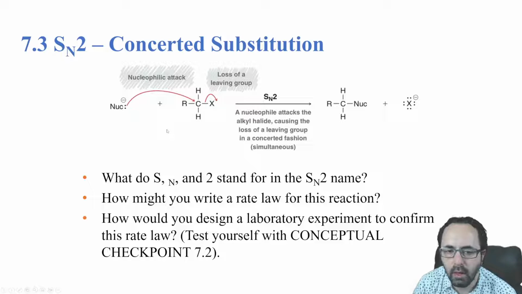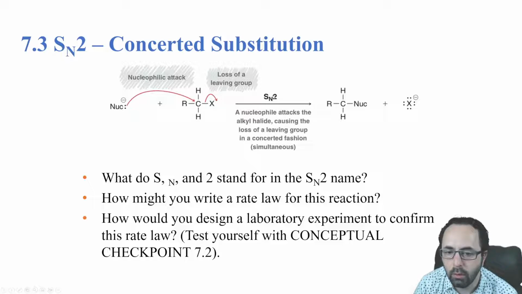Alternatively, these 2 steps can happen at the same time. So here the carbon is still an electrophile because it's attached to an electronegative halogen atom, and so that halogen will leave at the same time that the nucleophile is attacking. This is what we're going to call later SN2.